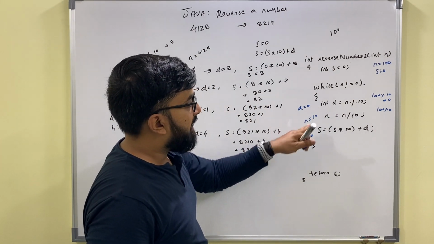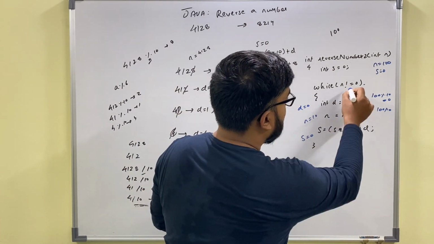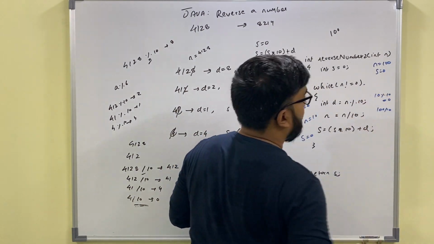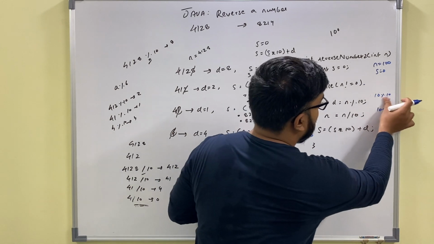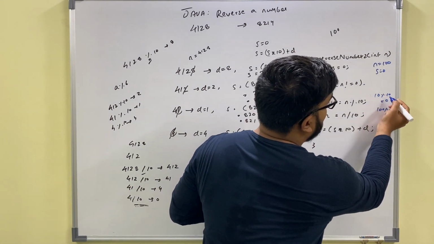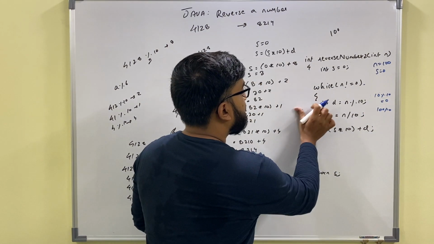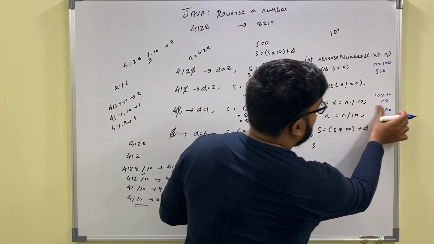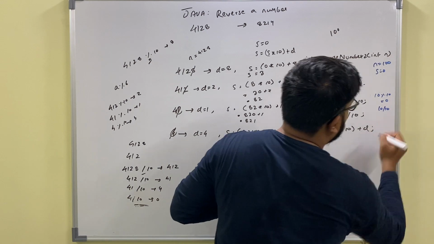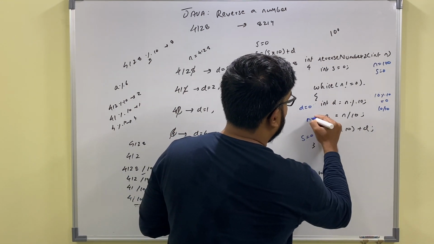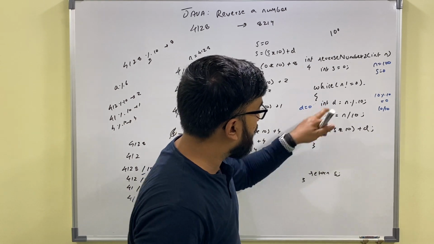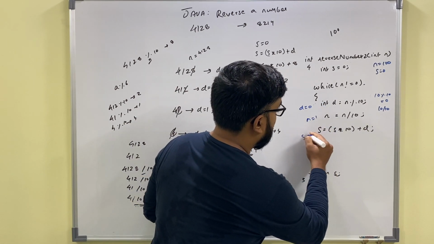Okay, n != 0, n is 10 right now, this is true. d is n % 10. You do 10 % 10, which again gives you 0 because when you divide 10 by 10 you get remainder 0. d is again 0. You do n = n / 10, 10 / 10 gives 1. Okay, n is 1 now. You do s = s * 10 + d; s was 0, 0 * 10 + 0 still gives 0.